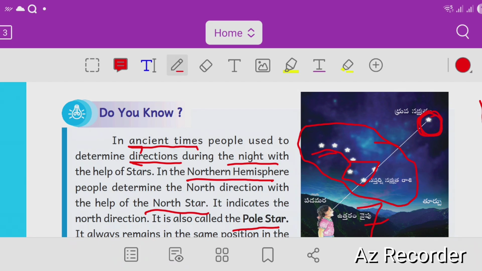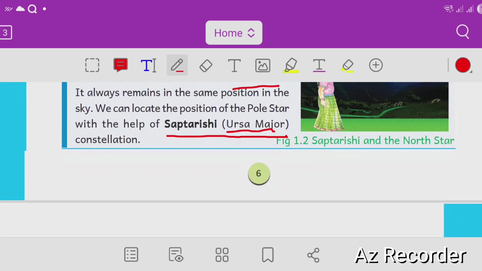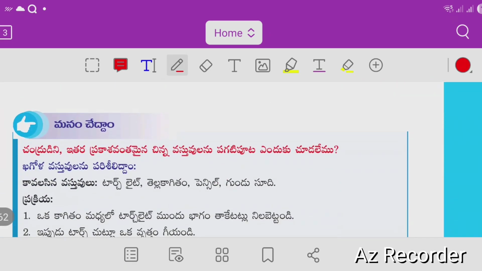Based on the constellation of Saptarshi, or Ursa Major, we can find out the north star, which is also called the pole star.